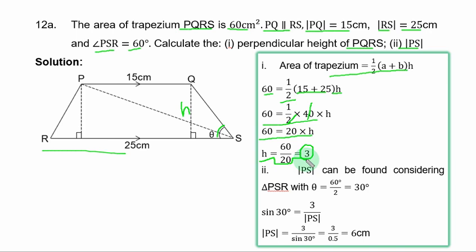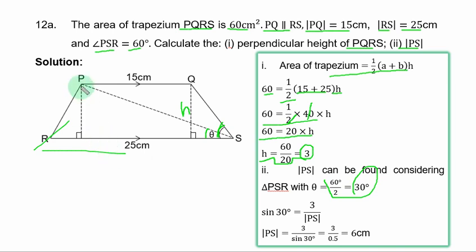Roman figure 2. PS can be found considering triangle PSR. So we have to get PS, we don't need the whole of this angle, but just half of it. Half of it is 60 degrees divided by 2, that is 30 degrees.